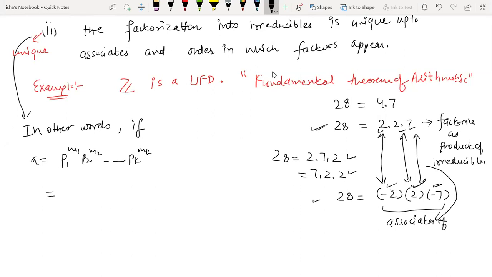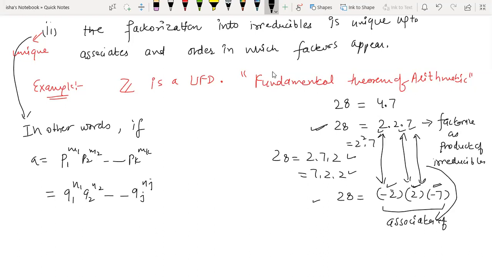Say this is one of the factorizations of that element into irreducibles. Just like this was 2 into 2 into 7. So 2 into 2 into 7 is basically 2 square into 7, right? So we just take the same primes and then raise to the power. So if some other factorization is there, q1 raised to n1, q2 raised to n2, up to qj raised to nj.